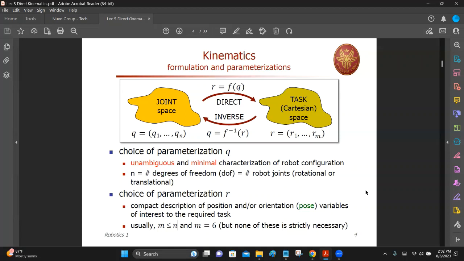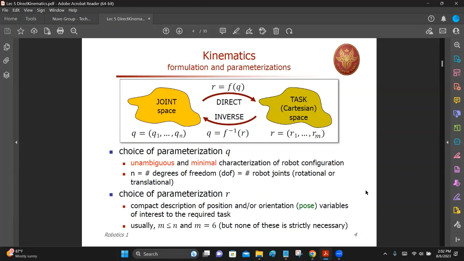It's only at the start and end point if you want, right? After drawing, you want to lift the pen, that's all right. But for the operation, it's a constant Z. So what you're doing is you are changing X and Y. Are you changing the orientation of the pen? No, you don't have to. So therefore, it is just a 2 degree of freedom application, right? Only two variables are there. So in that case, m equals 2, not 6.